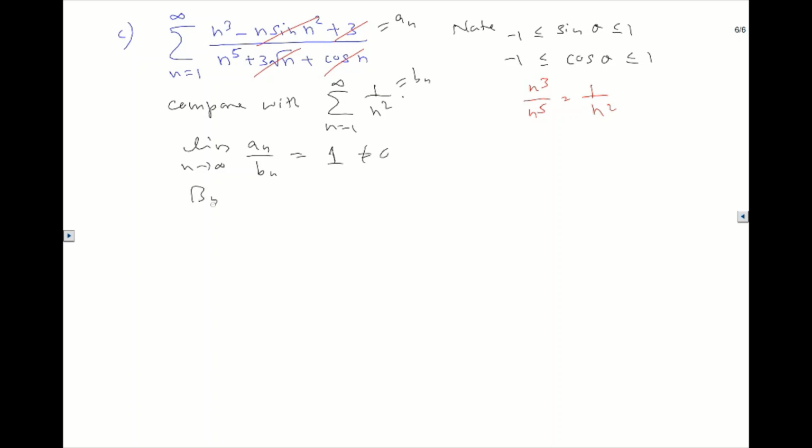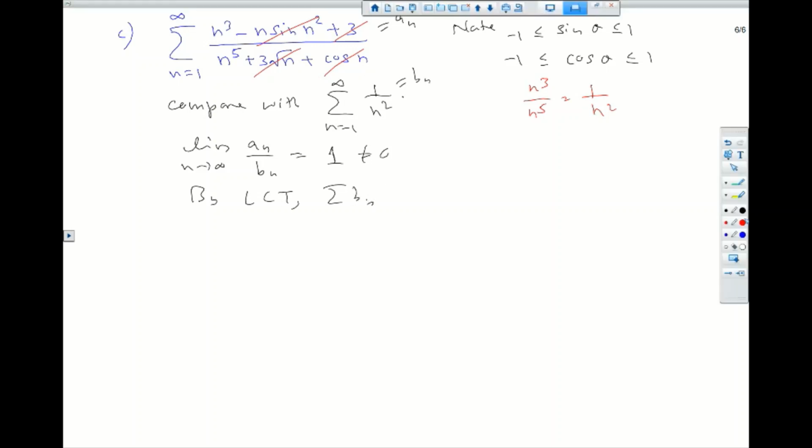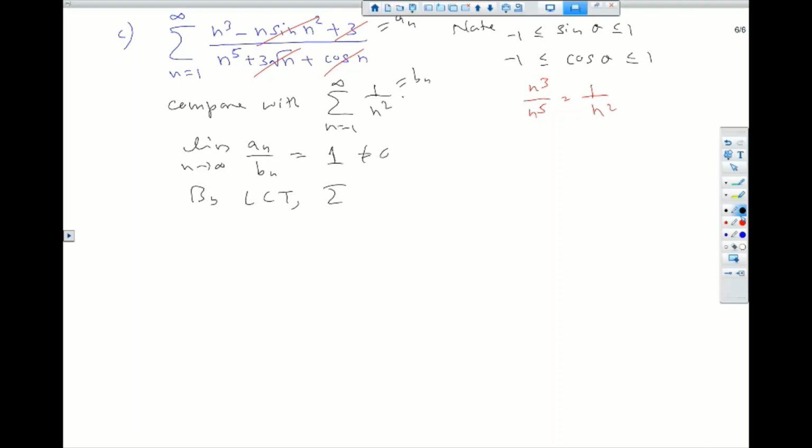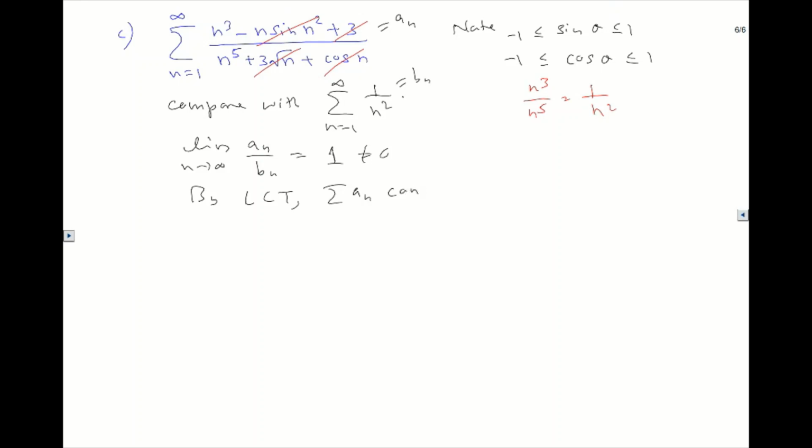So by the limit comparison test, the sum of a_n converges.